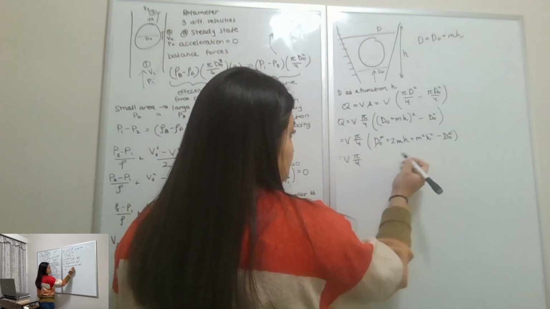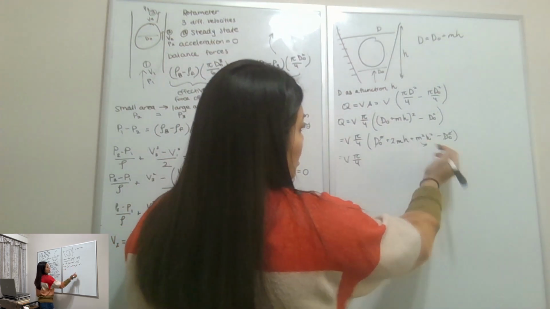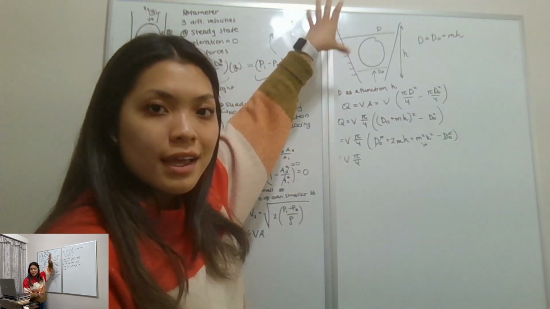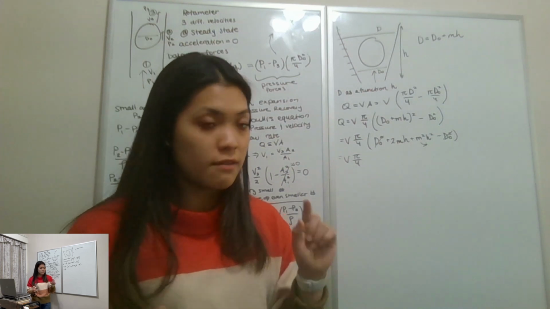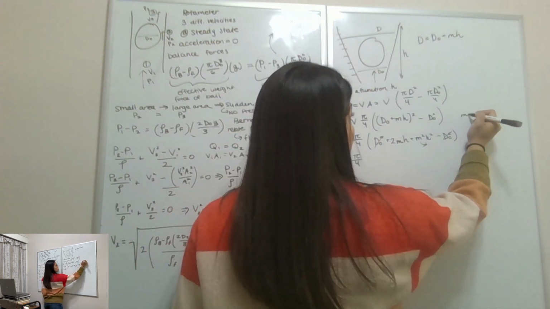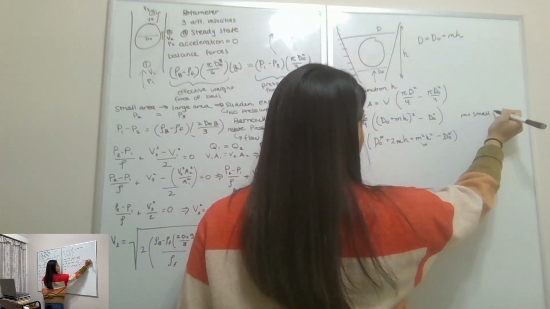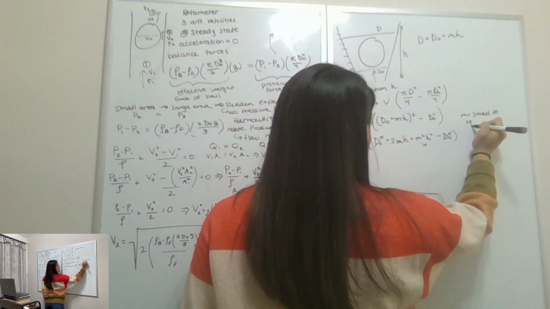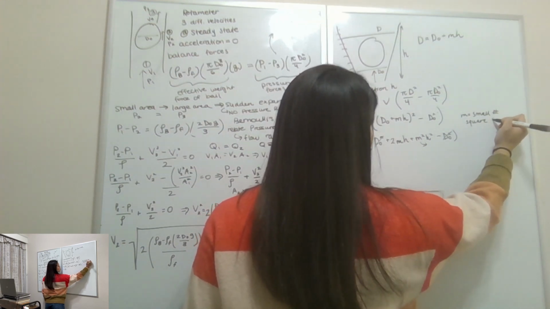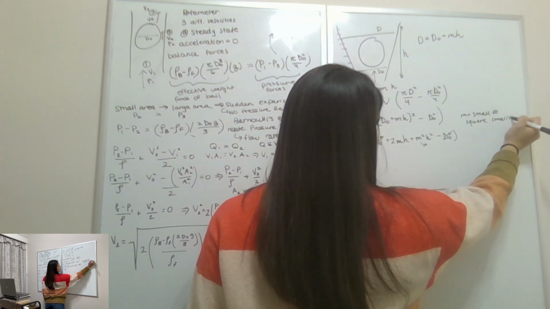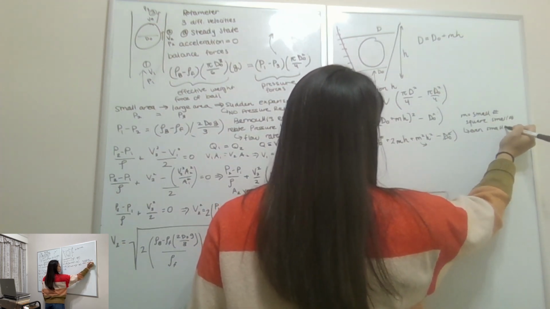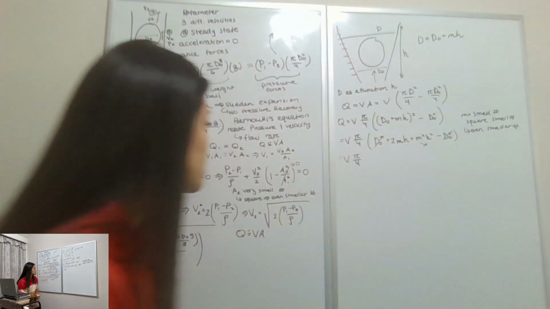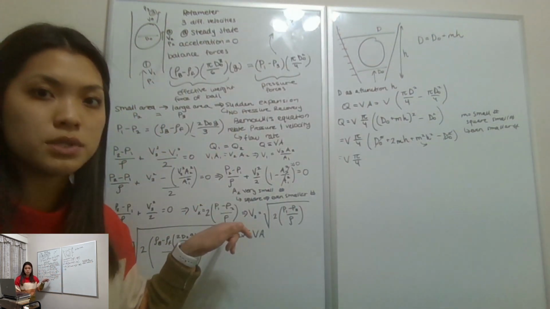That gives us the velocity times pi over 4. Again, I drew the taper very exaggerated here, but the taper is actually very small, so the slope is actually a very small number. When you square a small number, you get an even smaller number, which is the same logic we used with the cross-sectional area at position 2.